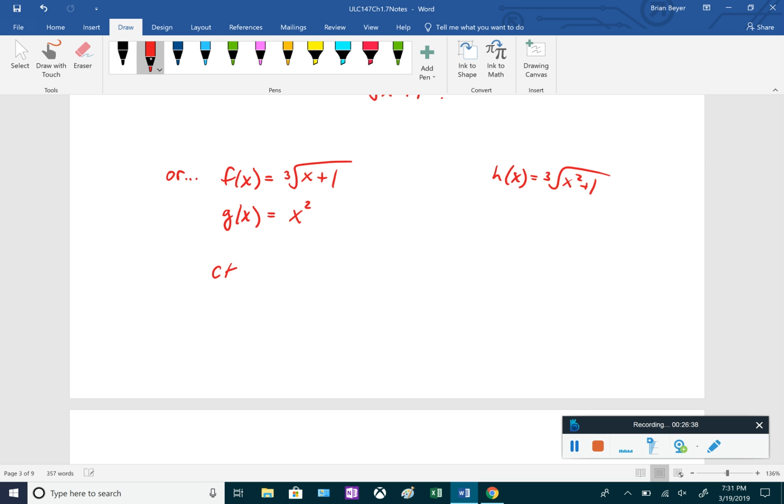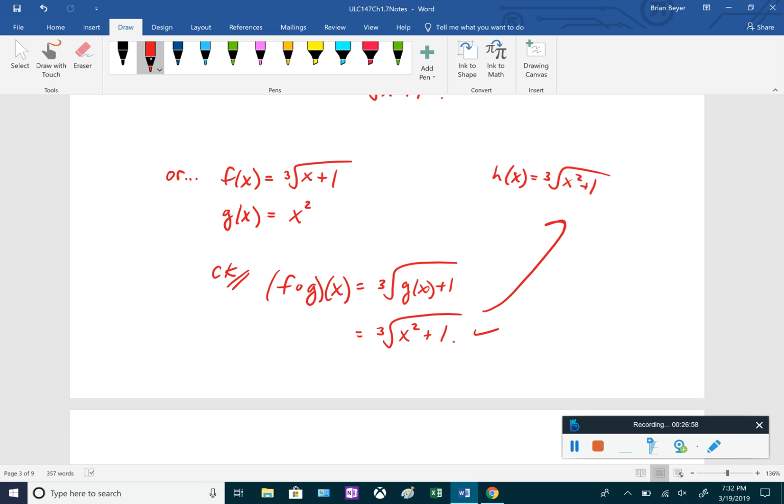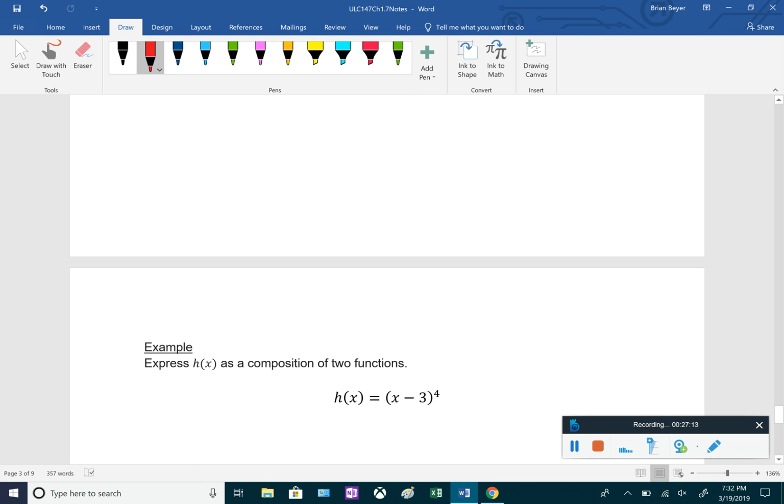To check, f of g of x, we plug g of x into f of x, that would be the cube root of g of x plus 1, which would be the cube root of x squared plus 1, which is what we wanted, because that would equal h of x up there. So there are always multiple ways to do this by pulling that little trick of adding one and subtracting one, but it's not the easiest way to do it, so I'm going to erase it. Okay, so just know there are multiple ways to do it.